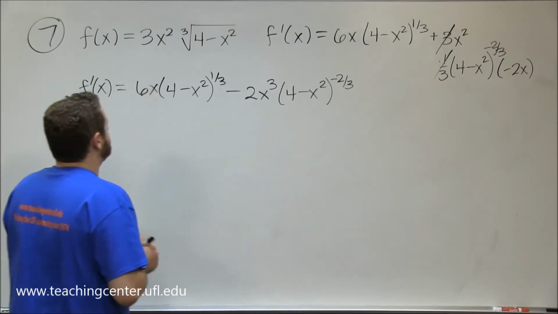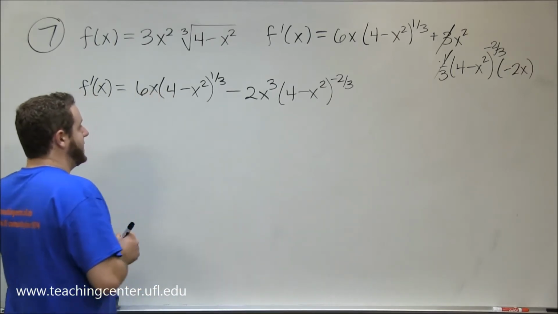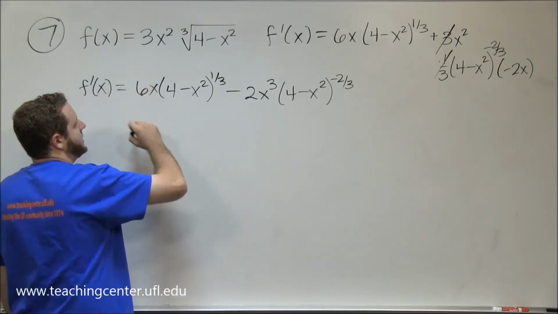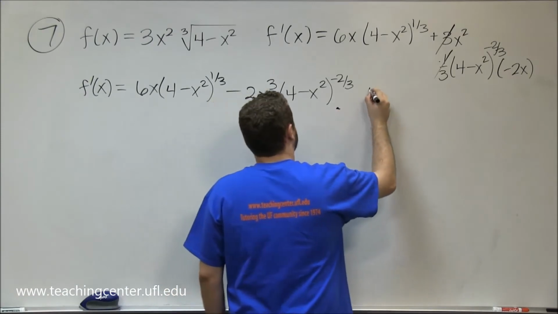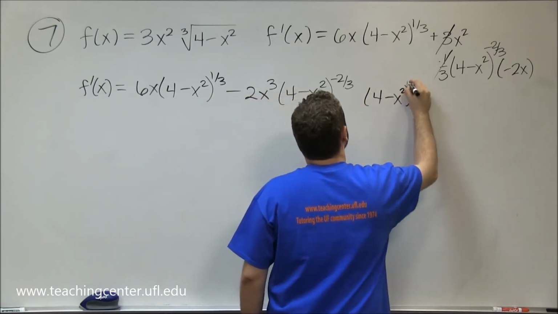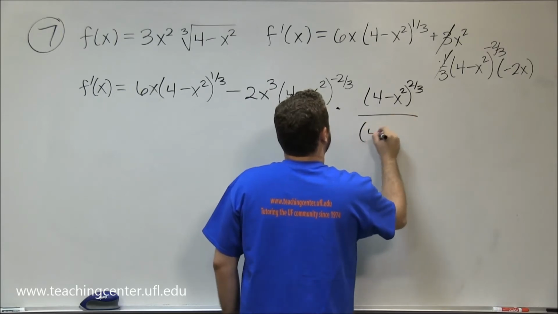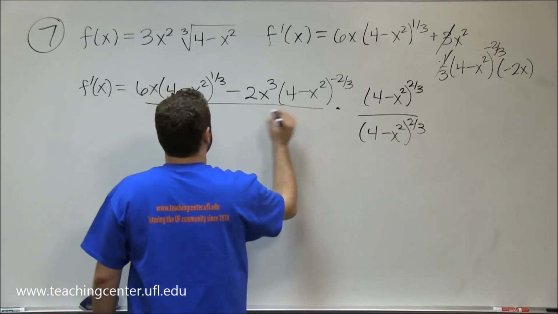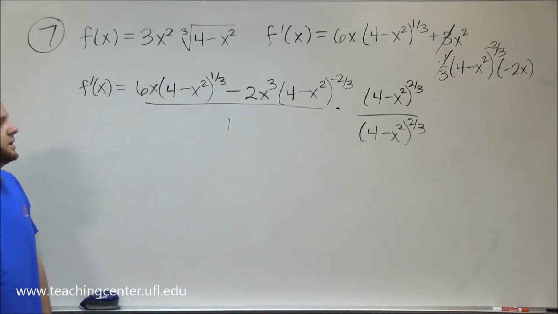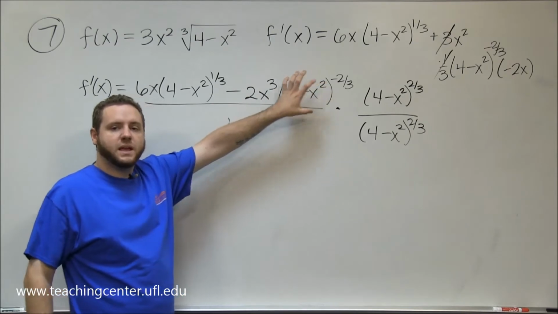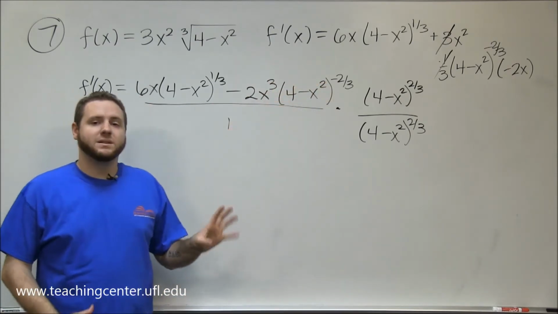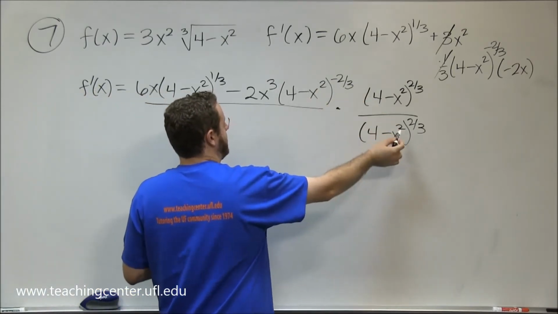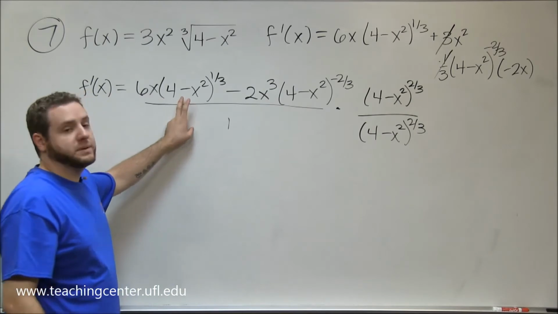To essentially get this down into a denominator, it would be equivalent to taking this whole thing and multiplying by 4 minus x squared to the 2/3 on top and bottom, with a 1 down here on the bottom. The reason I want to do that is that it's the same thing as moving this negative power to the bottom and doing a common denominator, all in the same step. It gets rid of this term, we'll have it on the denominator, and it also helps us simplify the first term.